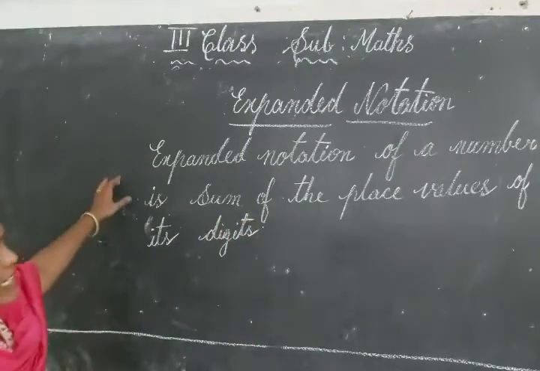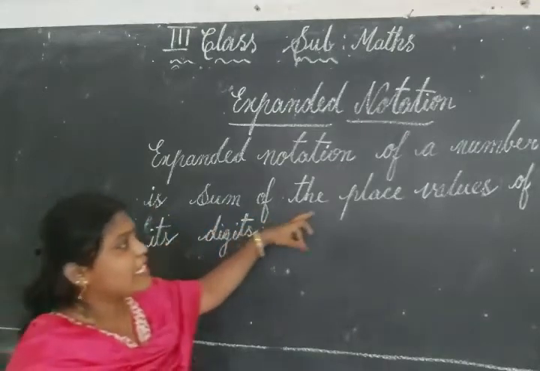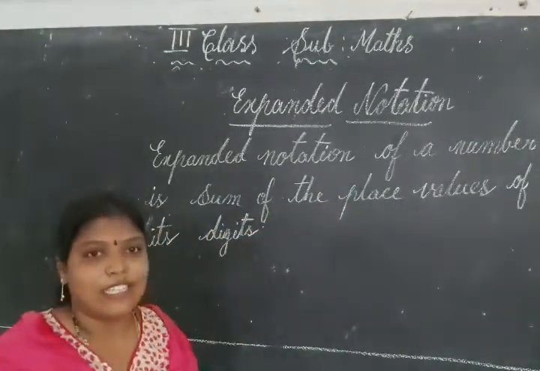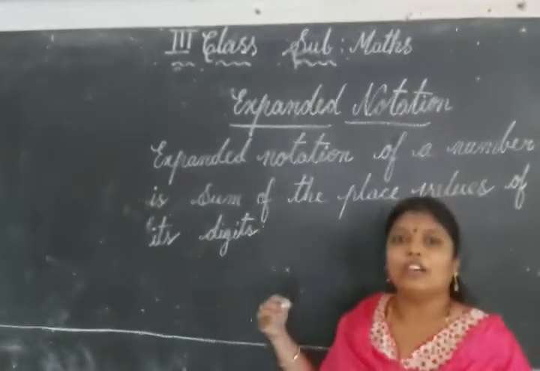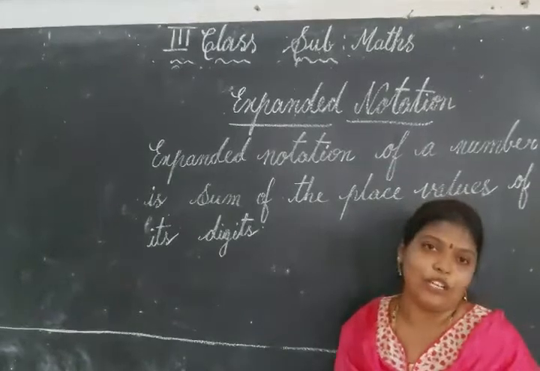See children, expanded notation of a number is sum of the place values of its digits. In our previous class, we have learned about place values, right? That is very helpful here.